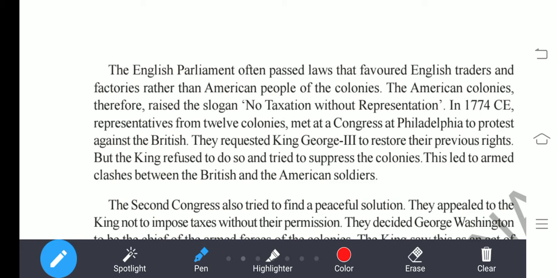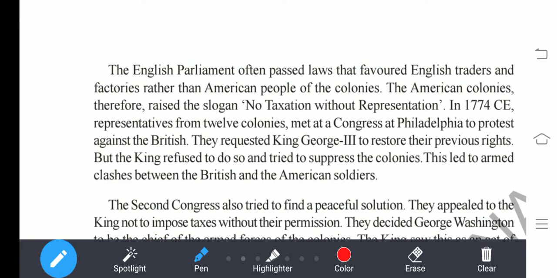They raised a question that why should we pay tax to the British Parliament in which there was no representative from 13 colonies? This was the question from the 13 colonies. So they raised the slogan, no taxation without representation.